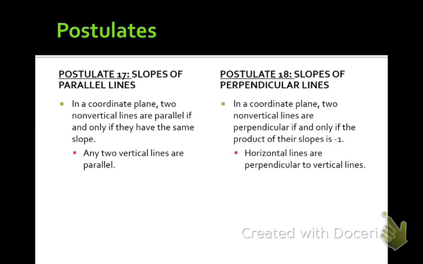So either way you want to look at it, and I'll show you both. And automatically we know that horizontal and vertical lines are perpendicular to each other, even though one slope is 0 and the other one's undefined. They're still going to be perpendicular to each other.